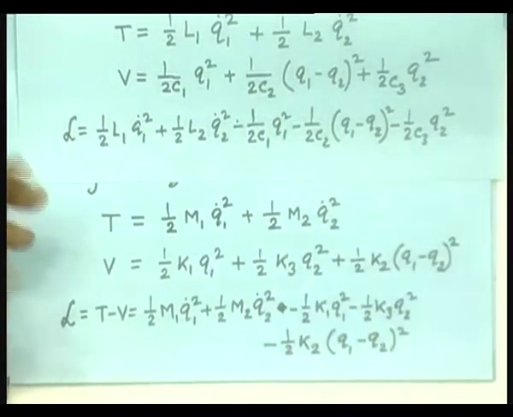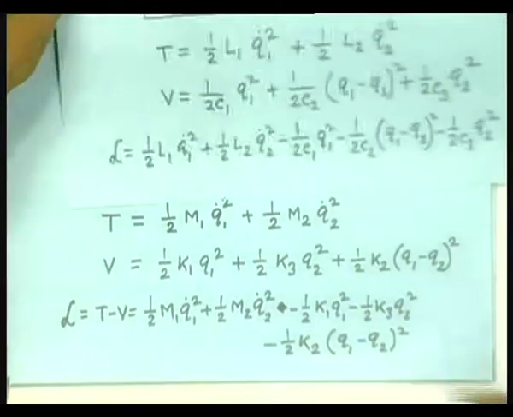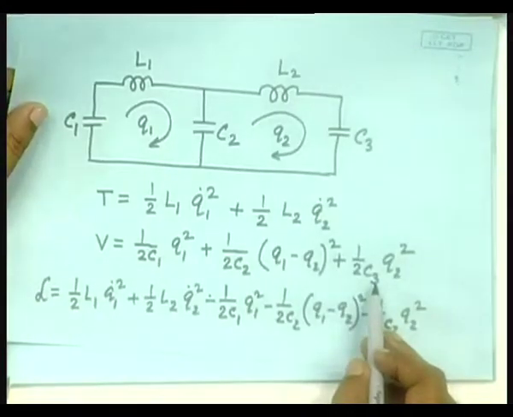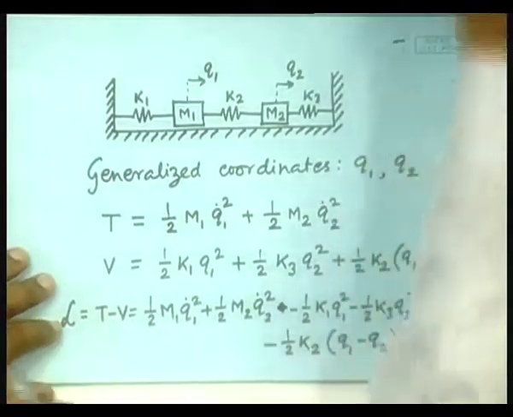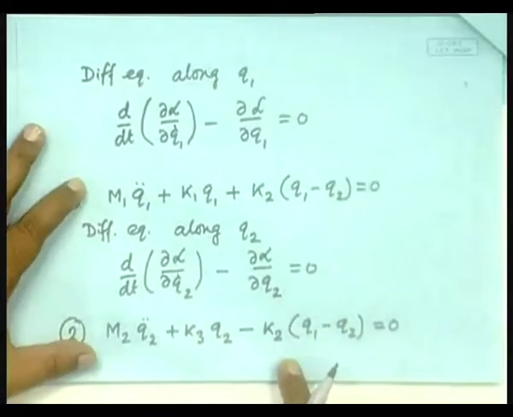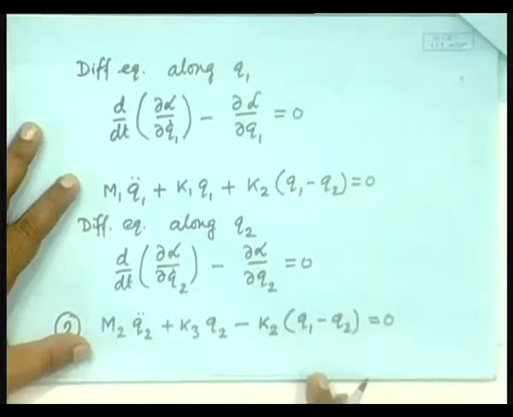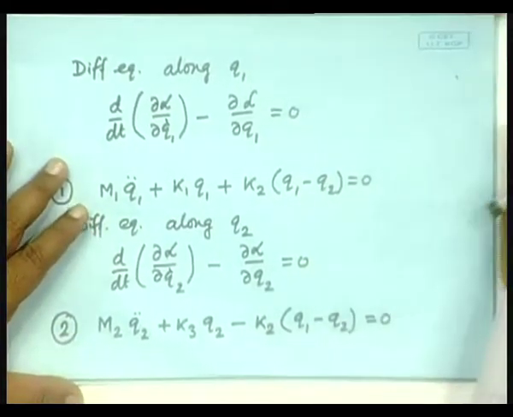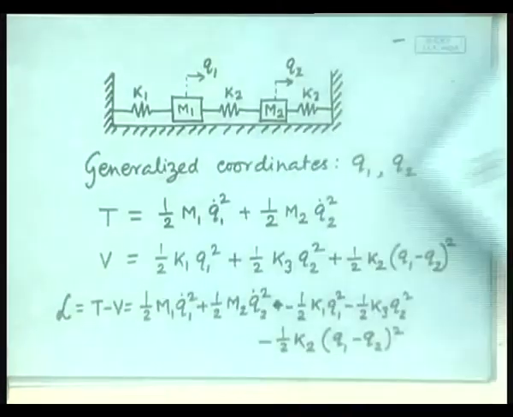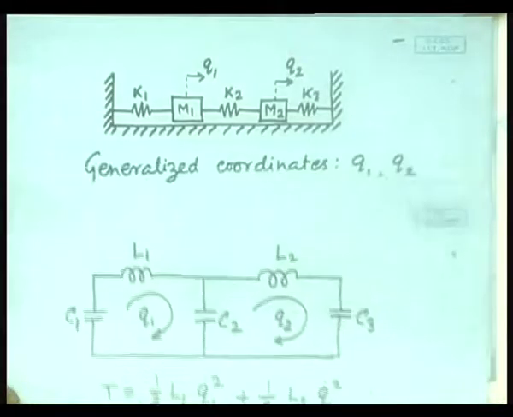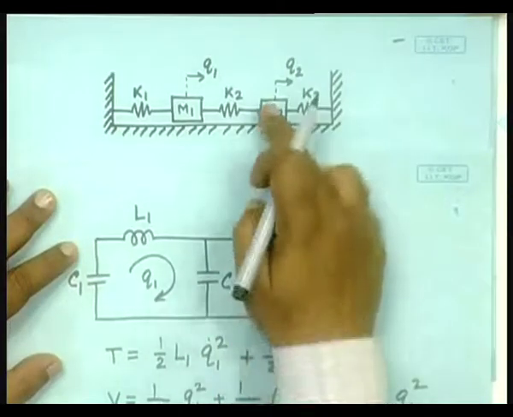And therefore, even without writing the differential equations here, I can tell pretty blindly that it will yield exactly the same differential equations as these that we have already obtained. Okay. So, I do not really need to write, because these two systems are equivalent of each other.